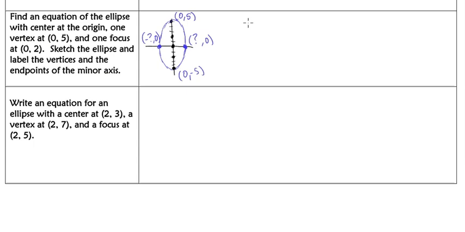And so our equation for an ellipse is, again, (x minus h) squared divided by a squared plus (y minus k) squared over b squared equals 1.